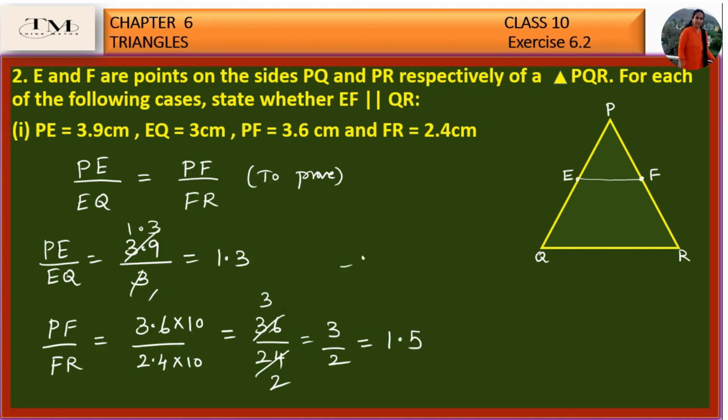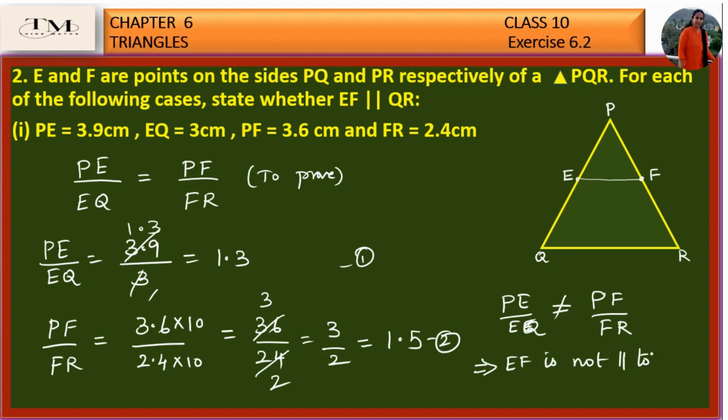So now if we compare 1 and 2, PE by EQ is not equal to PF by FR. So if this is not equal, then by converse, EF is not parallel to QR. This is by converse of BPT.